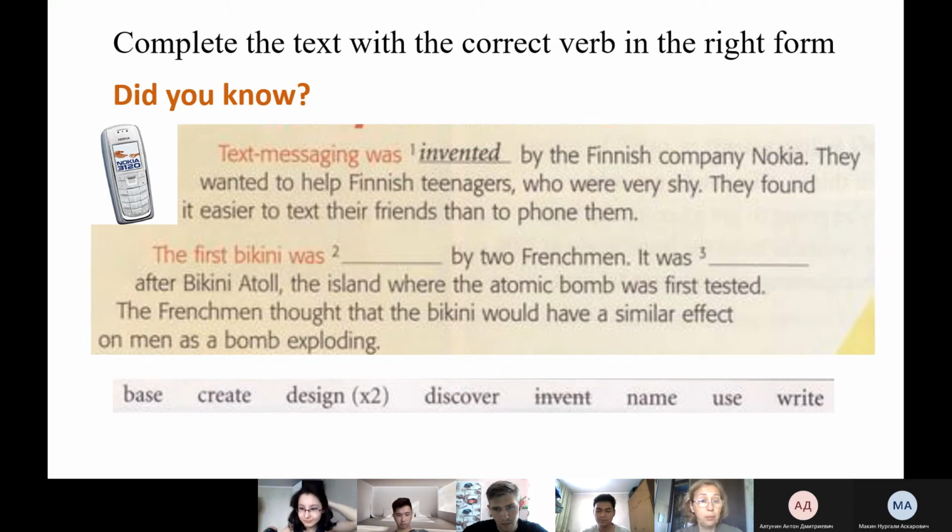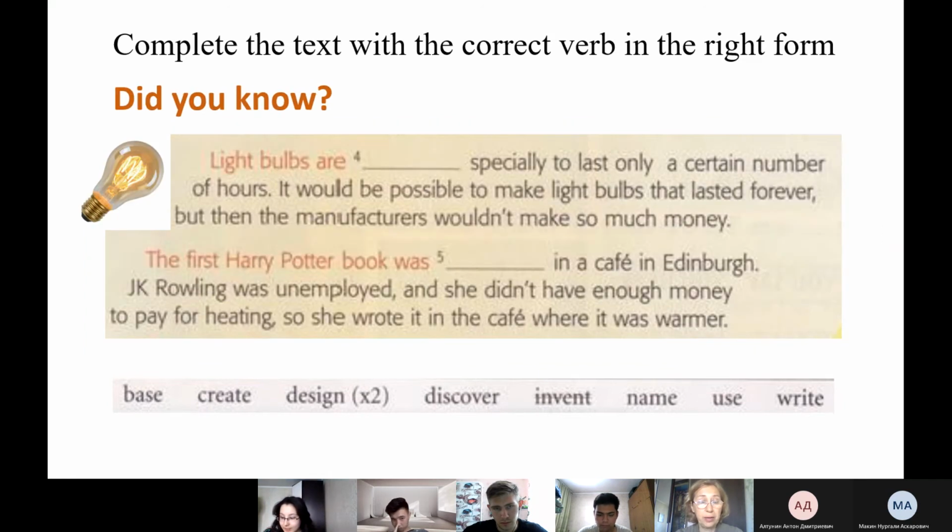Like as a bomb exploding, как взрыв бомбы. Yes, and here we have two verbs in just passive voice, was designed and was named, right? So if we move to the next slide, we have a couple of more stories, and let's listen to the Niyar about the light bulbs.